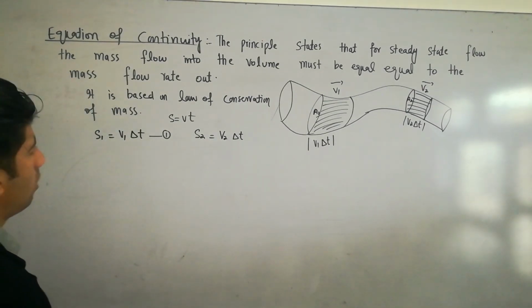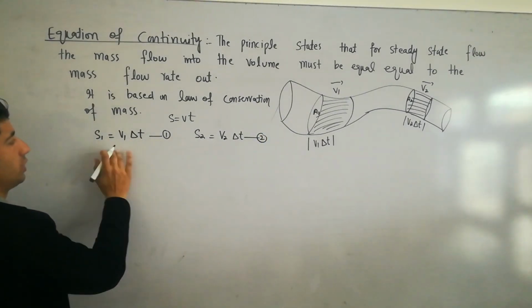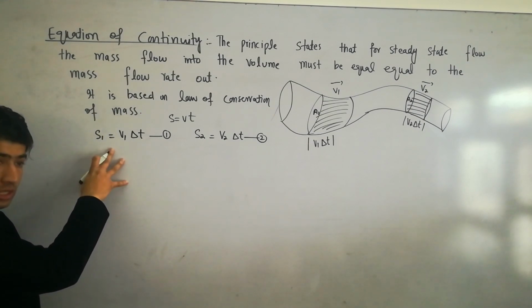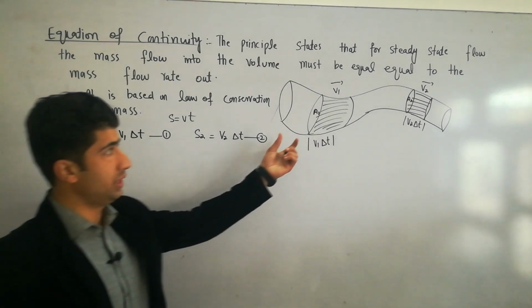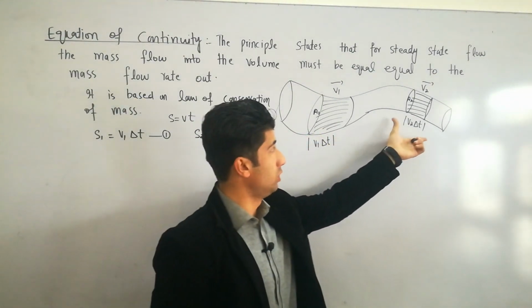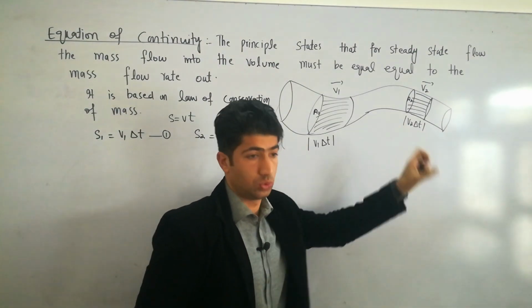So now we have these two equations. S1 represents the distance covered by the fluid when it passes through area A1, and the distance covered when it passes through area A2 is S2.